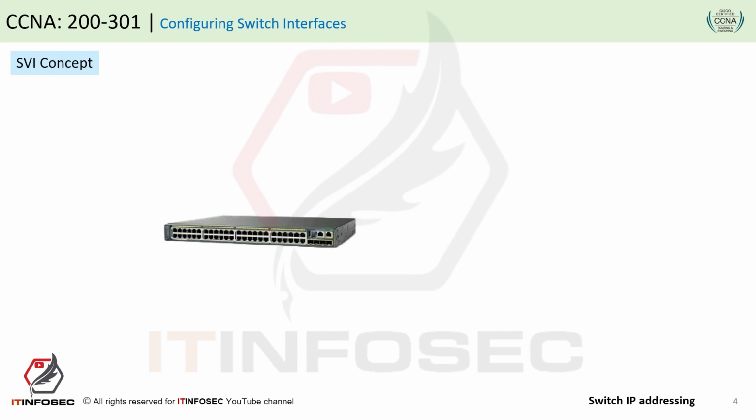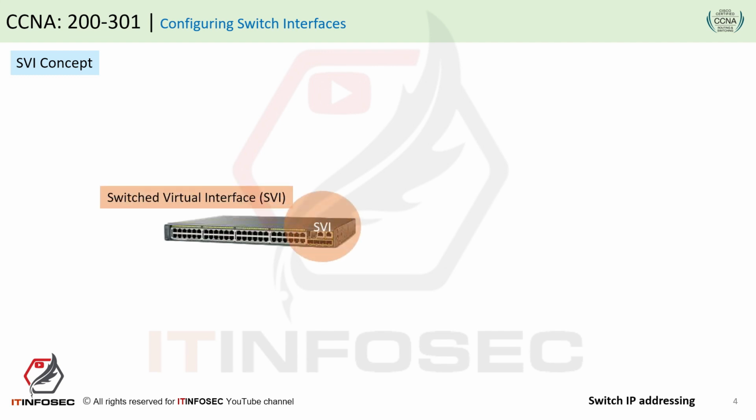So the switch obviously has a lot of Ethernet ports, but instead of assigning its management IP address to any of those layer 2 ports, because a layer 2 port cannot be assigned any IP address, the switch uses a virtualized network interface card concept known as switch virtual interface or SVI.